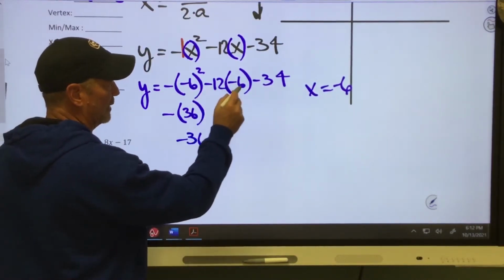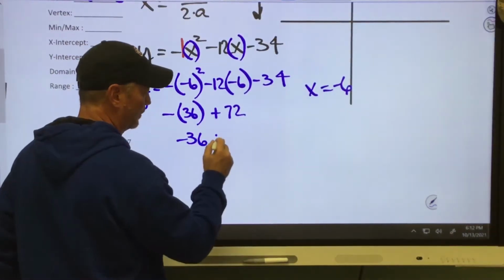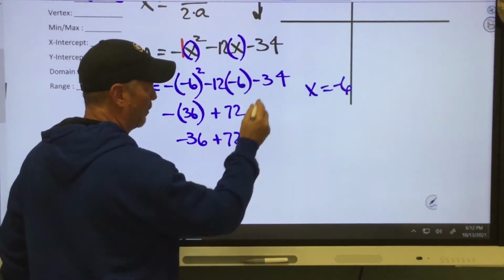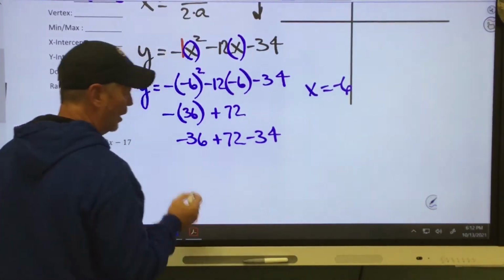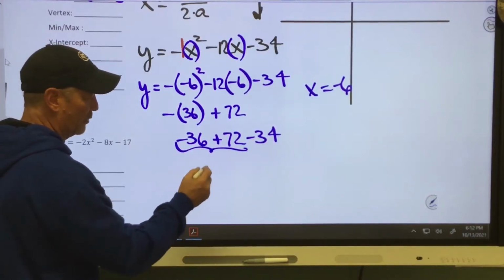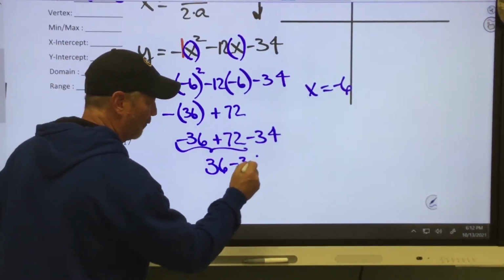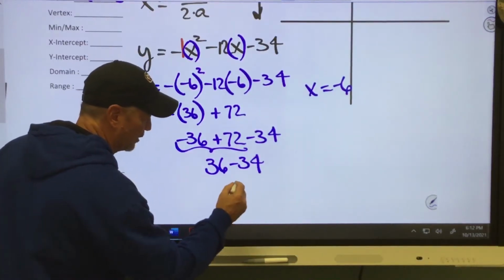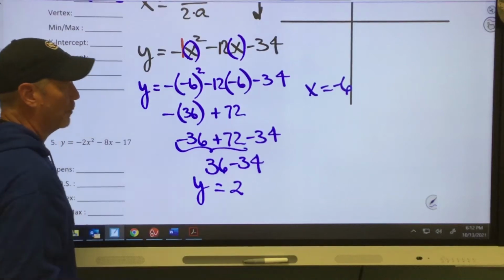Negative 12 times -6 is a positive 72, minus 34. When I combine here, negative 36 plus 72 is a positive 36, minus 34, and that gives us a 2. My y value equals 2.